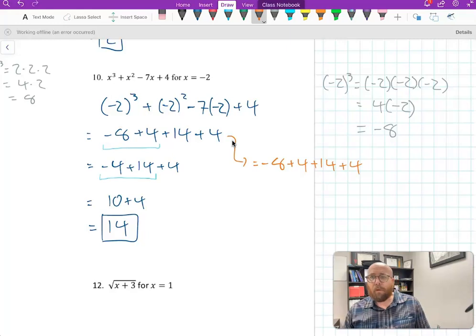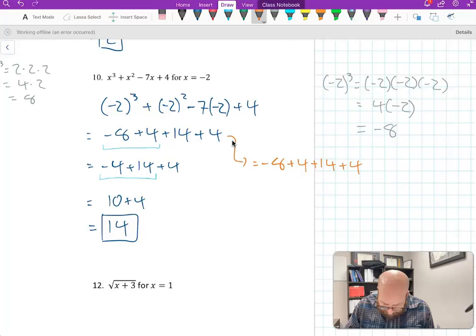Now, remember that addition is commutative, meaning it doesn't matter the order that we add things in, we get the same result. So the example that I always use is 1 plus 2 plus 3 is the same thing as 3 plus 2 plus 1 is the same thing as 2 plus 1 plus 3 is the same thing as 2 plus 3 plus 1. It doesn't matter the order that we add things in.